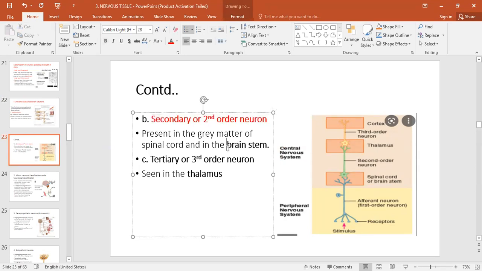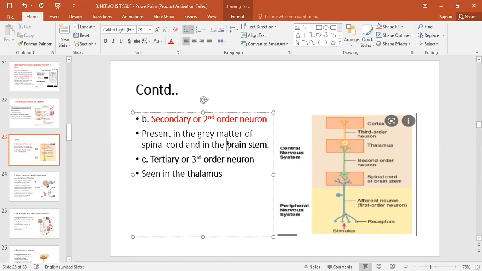In the brain there's a part known as the midbrain. In the midbrain, we find another part known as the thalamus. This is where second or secondary neurons end. They can't go to the cortex, the superiormost part of the brain. They just end in the brain stem.